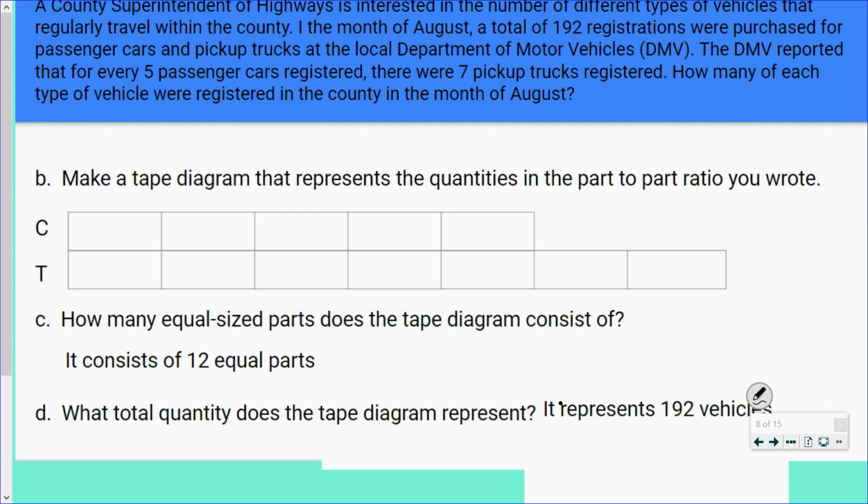Because once we find the ratio constant and we put it in there, we're going to find exactly how many cars and how many trucks purchased registrations, and all that will add up to 192. So that's what it represents. Does everybody see that?